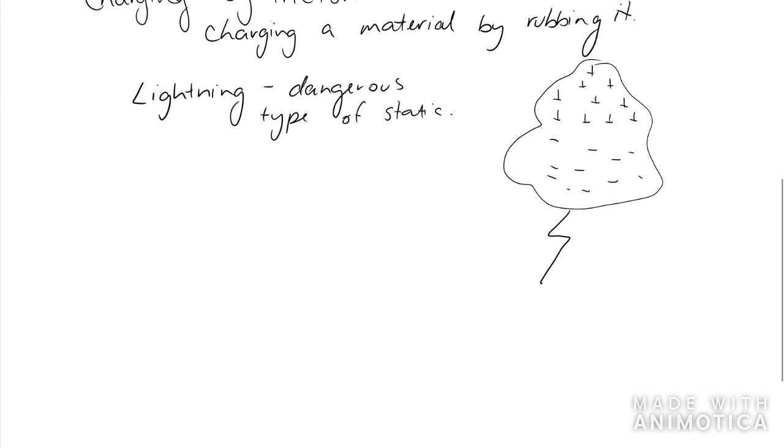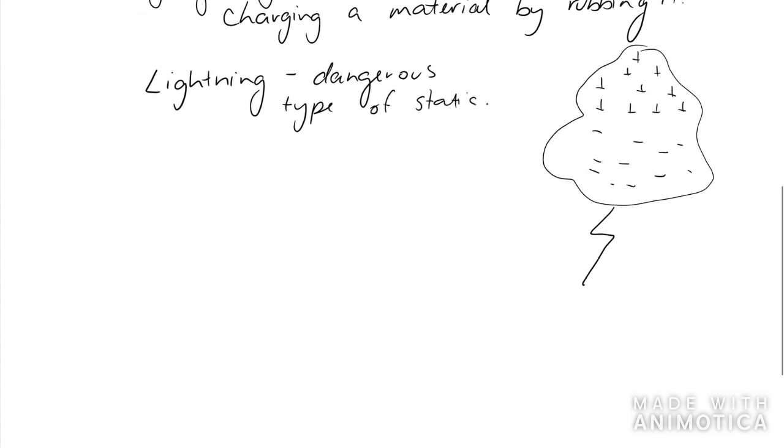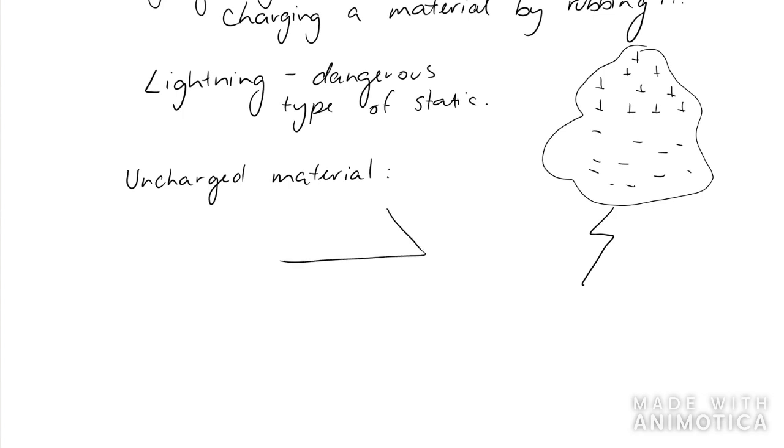So, if you have an uncharged material, it means what? Well, if it's uncharged, it means it's neutral. Which means, again, what? It means that it has the same number of protons as it has electrons.